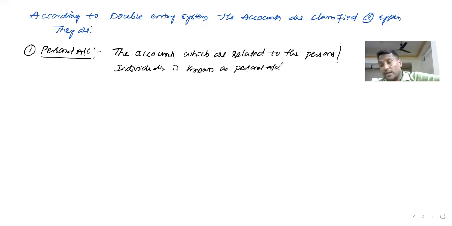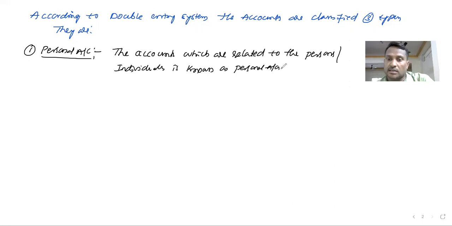While opening personal accounts in the names of persons, the persons are very important to the business. In the daily routine transactions of the business, the businessman or accountant has to maintain some accounts in the names of persons.